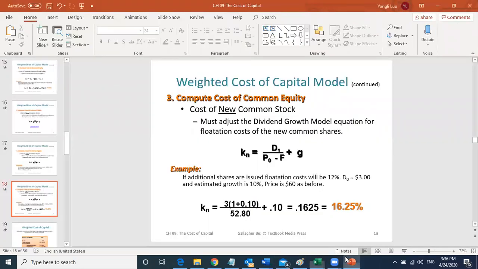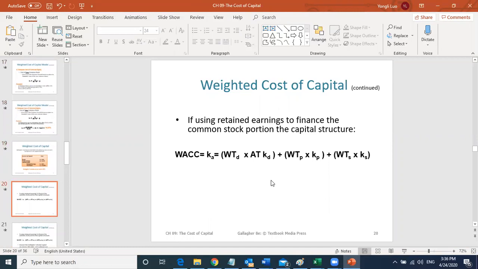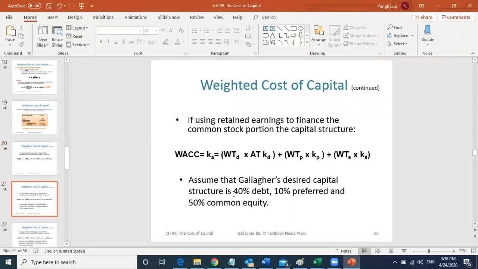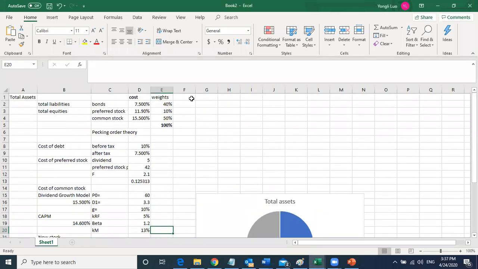So let's see what the weight of each type of asset is. This is the weighted average cost of capital. The weighted average cost of capital equals the weight times the return, weight times the return, and sum them up. So it's like debt 40%, preferred stock 10%, common equity 50%. So we can calculate the WACC, the weighted average cost of capital.